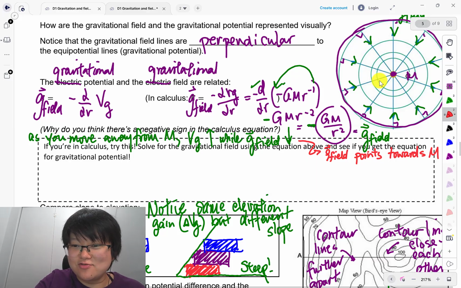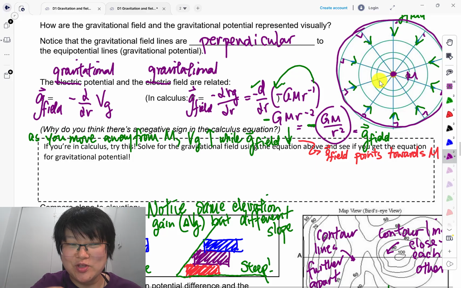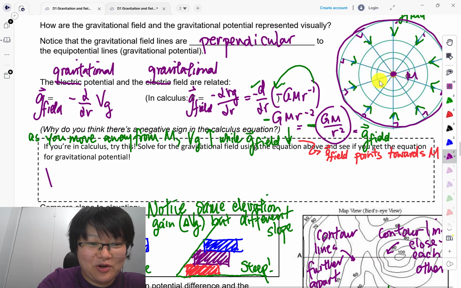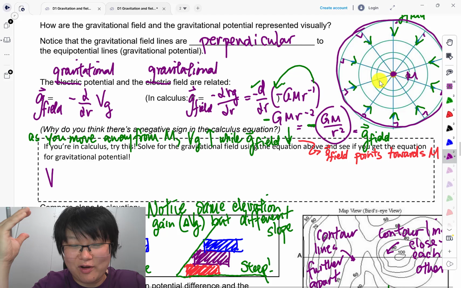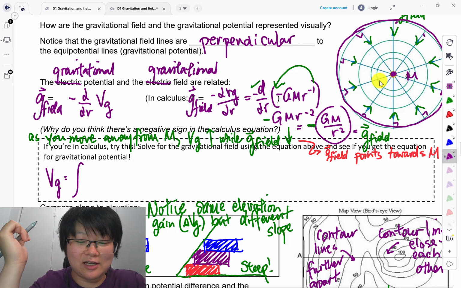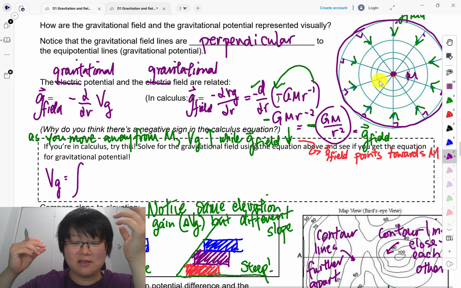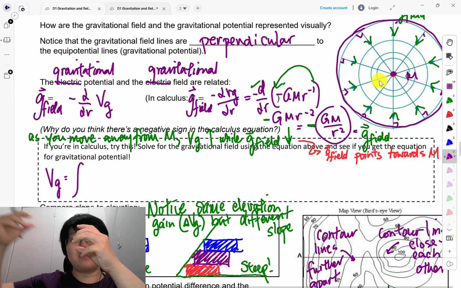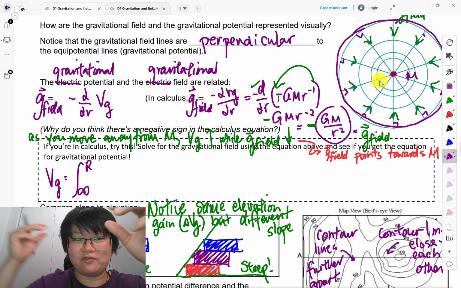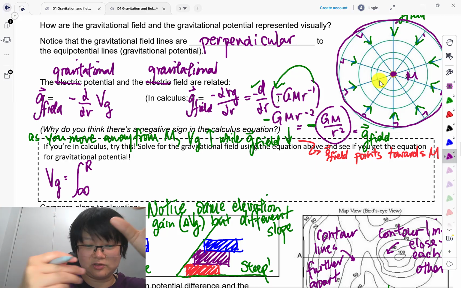And of course, if you're super savvy, you can do it the reverse way, just to double check that the math works out, by taking the integral of your gravitational field across space. If you do that, you should get the gravitational potential. And we know the definition of gravitational potential is the amount of work used to move an object from infinity to a distance r. So the lower bound is infinity and the upper bound is r, from initial to final.